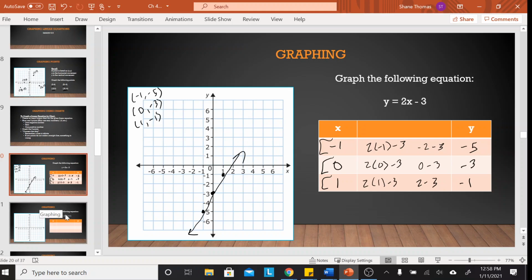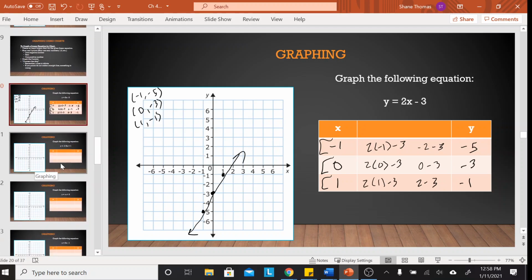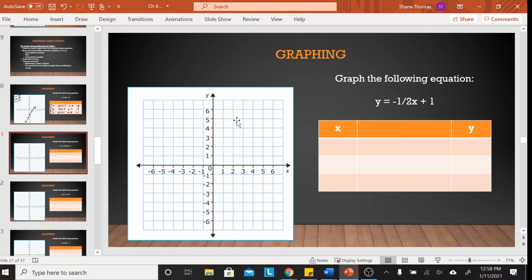All right, let's look at another one. Again, I told you guys you can put any numbers in. This one's a little bit tricky because this one has -1/2 x. When I get a fraction, I know you guys all just love fractions, I'm going to give you a little trick.